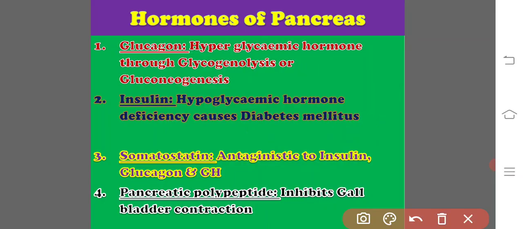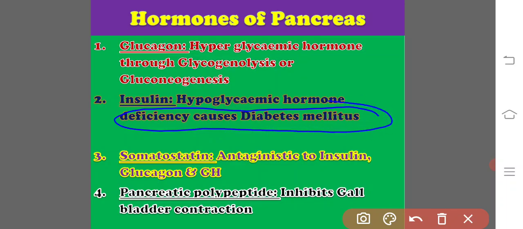Somatostatin is antagonistic to insulin, glucagon and growth hormone. Pancreatic polypeptide inhibits gallbladder contraction. Then see the deficiency of insulin. Deficiency of insulin causes diabetes mellitus.